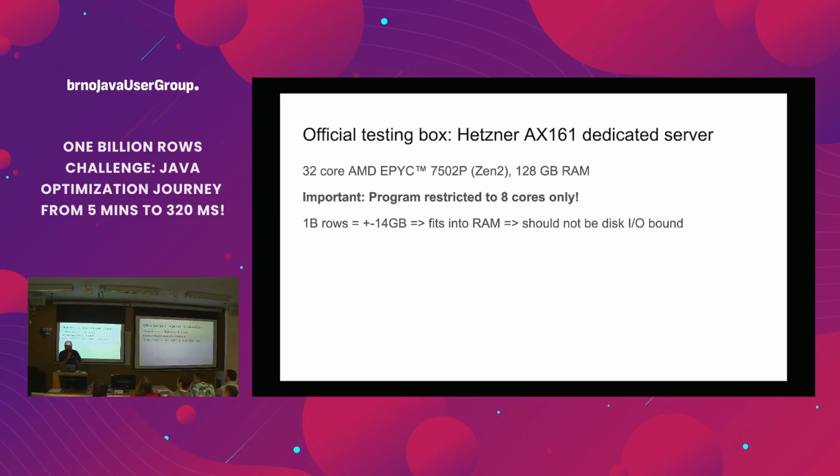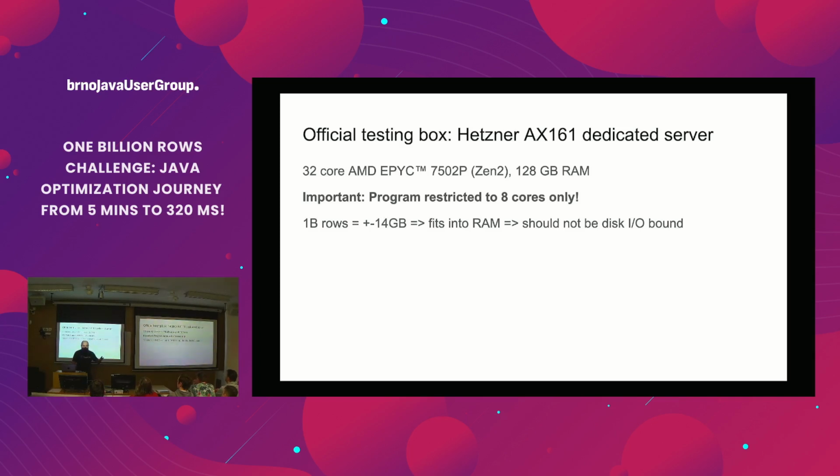And the last thing about the official testing box. The original testing box was not this 32 core AMD. The original was 8 core AMD, the same Zen 2 microarchitecture, but it was a low cost cloud Hetzner instance, if you know that.